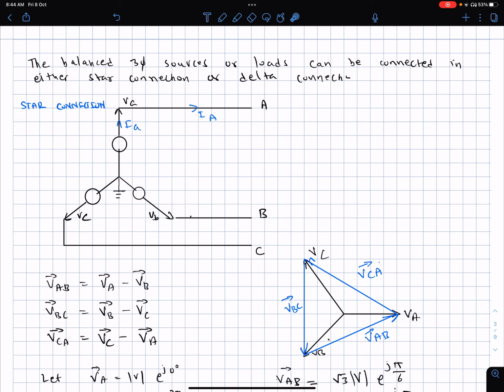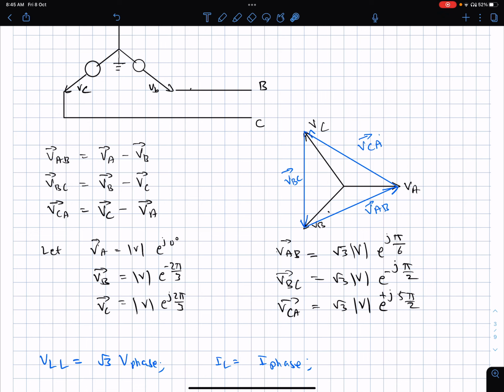We can define three line voltages: VAB, which is VA minus VB; VBC, which is VB minus VC; and VCA, which is VC minus VA. So let's do this thing now.